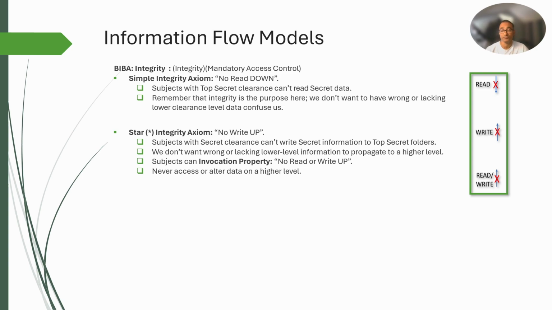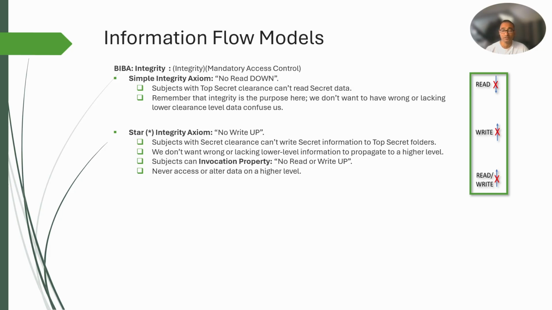So that's why this information flow model makes sure that the integrity of the upper level data, for which the user does not have access, is not muddled by the user. These are the two important models, very important. I cannot stress enough that you have to be absolutely clear with the idea of what it is.